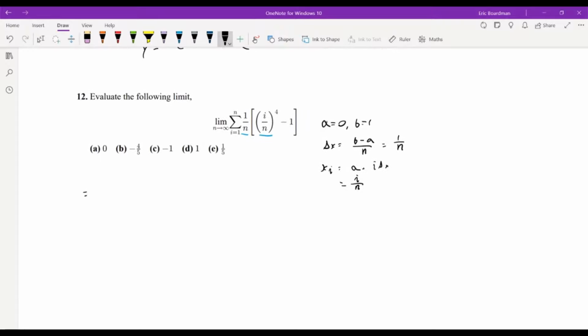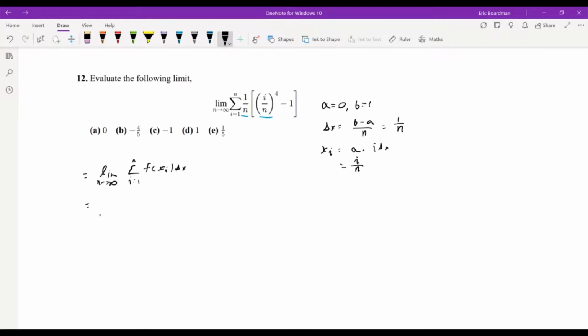So if we have the limit as n goes to infinity of the sum from I going from 1 to n of f of xi delta x, this is just the integral going from a to b of f of x dx.